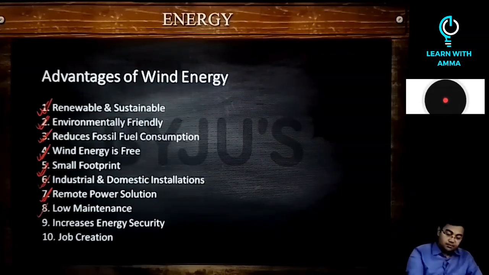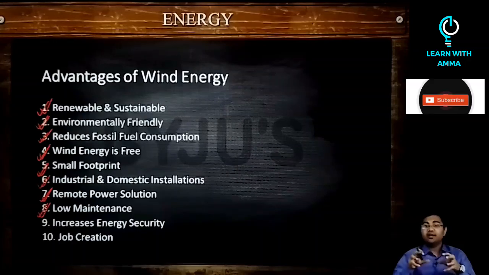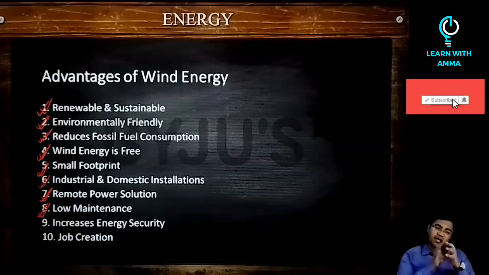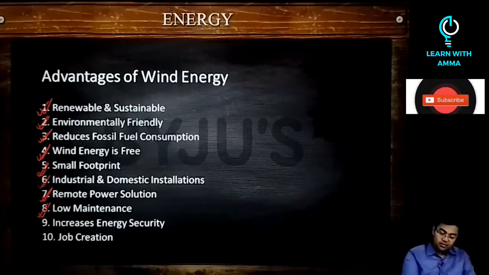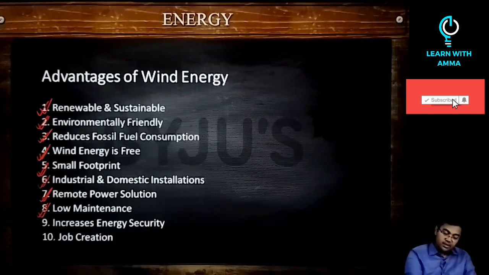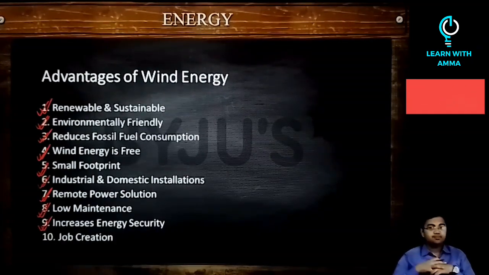Then next is, it has low maintenance. Wind turbines are considered relatively low maintenance because a new wind turbine can be expected to last for at least some time prior to any kind of maintenance work that needs to be carried out. Then the next one is that it increases energy security.